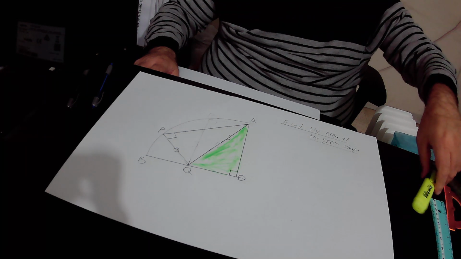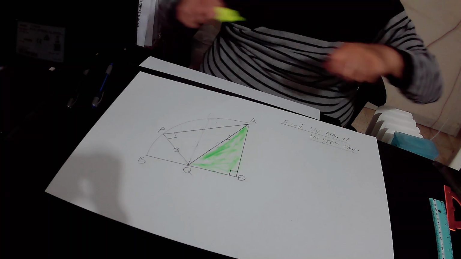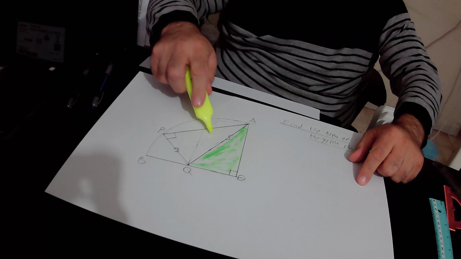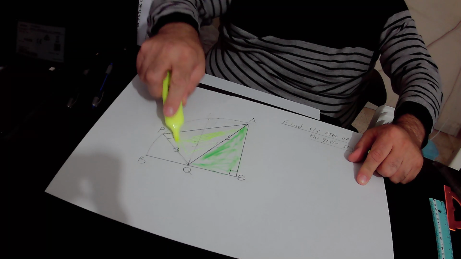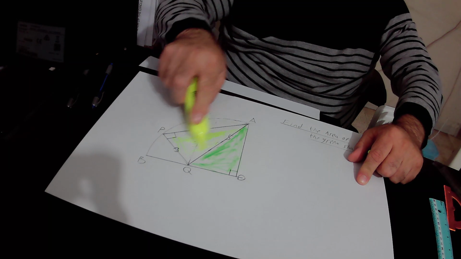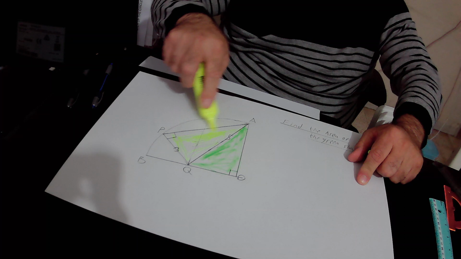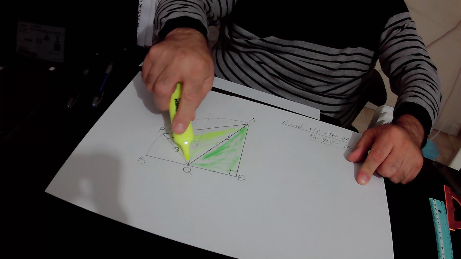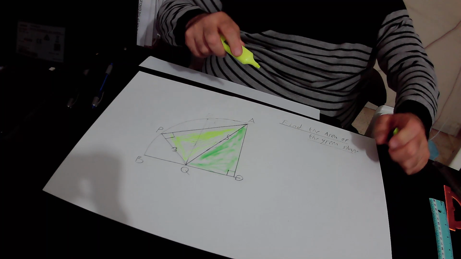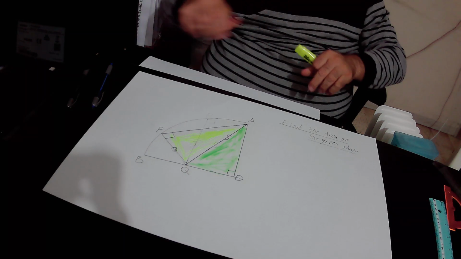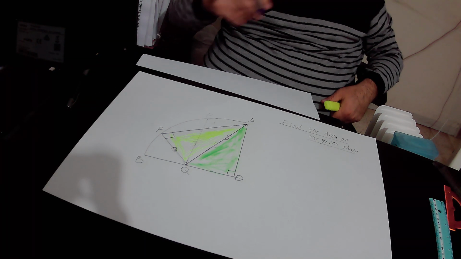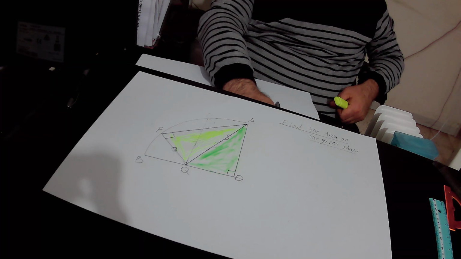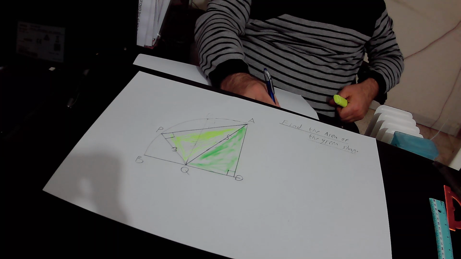Okay, so first of all, we focus on the yellow right triangle PQA, and we will implement the Pythagoras theorem on this yellow right triangle AQP.